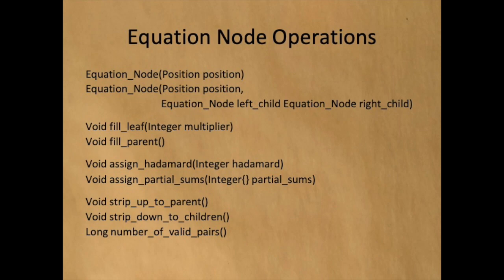Strip up to parent is used in ring, and it removes all parent equation pairs that cannot be derived from valid children equation pairs. Strip down to children is used in ring, and it removes all equation pairs from children that do not contribute to a valid parent equation pair. And the number of valid pairs is used by ring to determine whether anything changes in the butterfly, to determine whether ring should keep going.